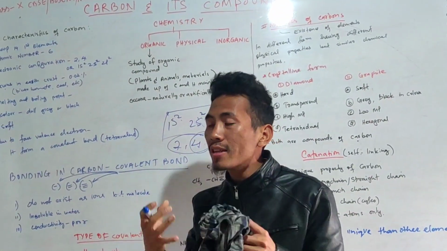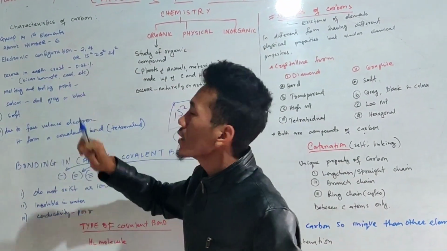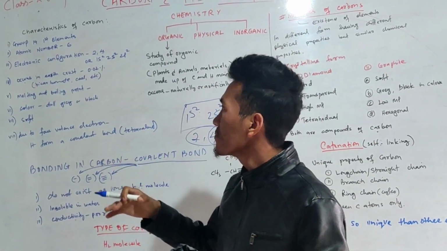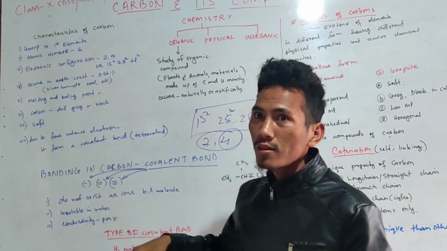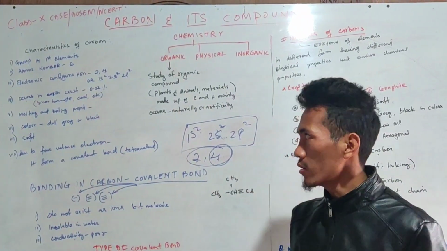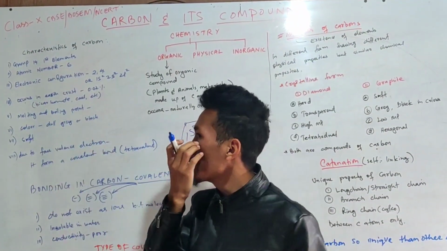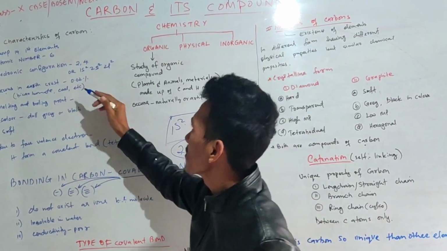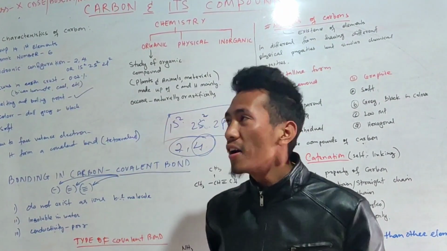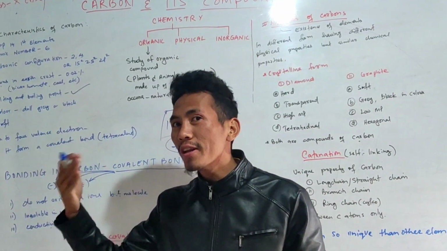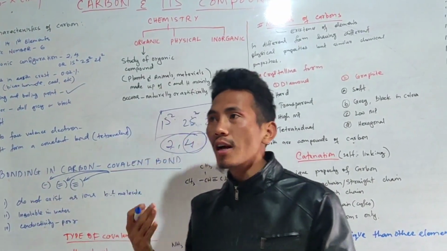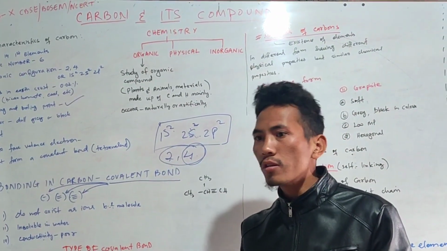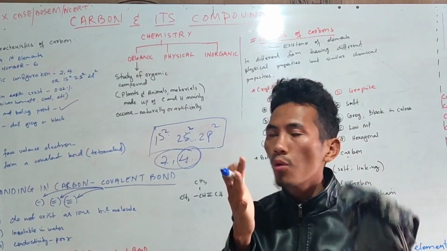We extract carbon in the forms of bicarbonate, carbonate, coal, petroleum, etc. About 0.02% carbon is present in the earth's crust. Now, melting point and boiling point: this will be your home assignment. What are the melting point and boiling point of carbon? Is carbon hard or soft? Is carbon a non-metal or a metal? This will be your homework.